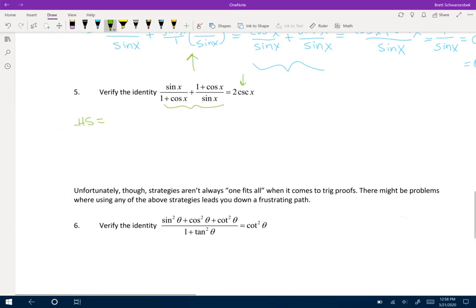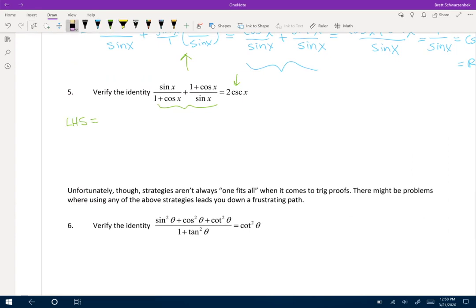This time, since these two values have nothing in common, the least common denominator in this problem is going to be sine x times 1 plus cosine x. Even though it looks completely ugly, that is your least common denominator. What do we need to do to make that work?